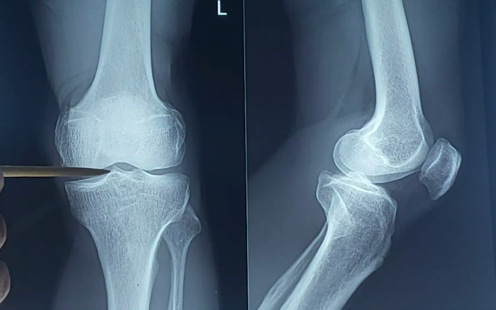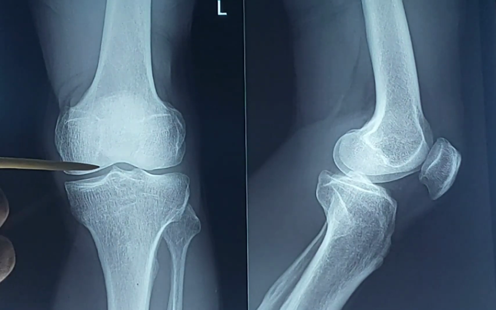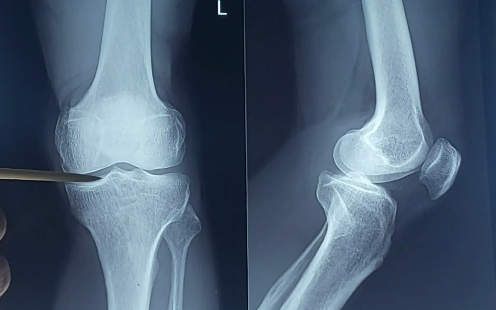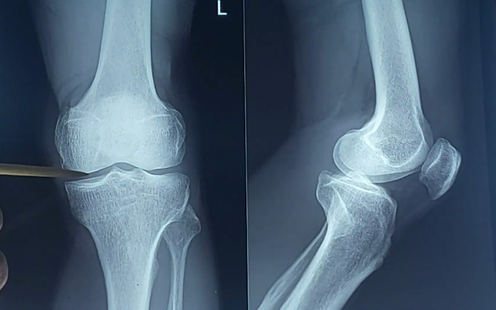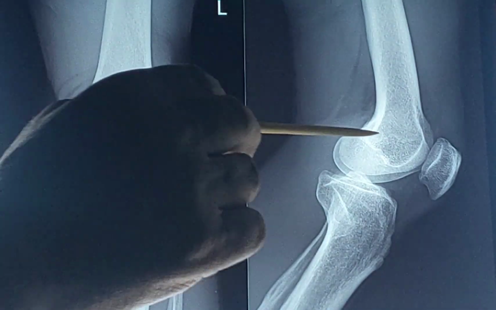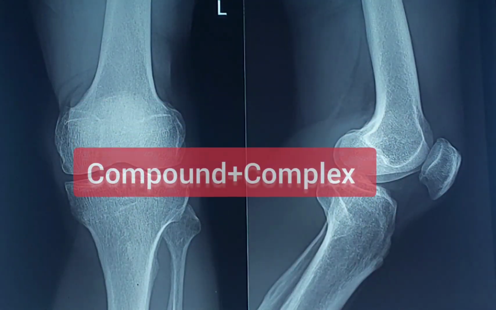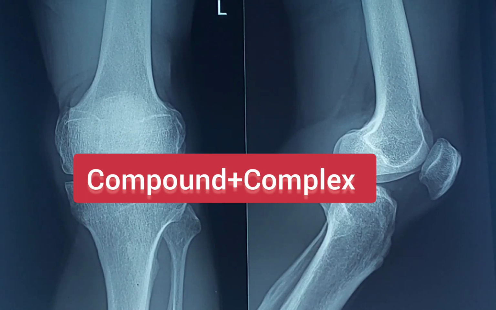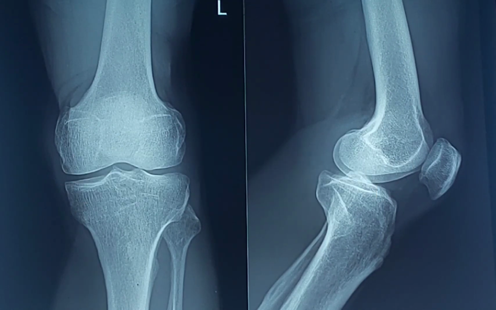And you know, here is the meniscus or fibrocartilage, which divides this joint cavity into suprameniscal compartment and inframeniscal compartment. So it is an example of both compound joint and complex joint. And I told you it is a synovial joint, but subtype is uniaxial condylar joint.